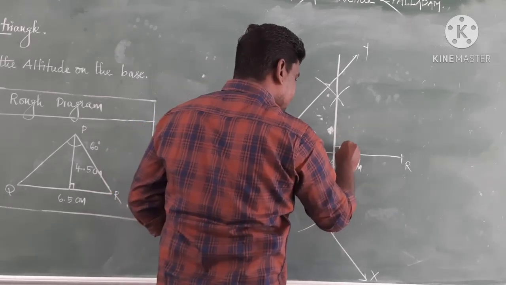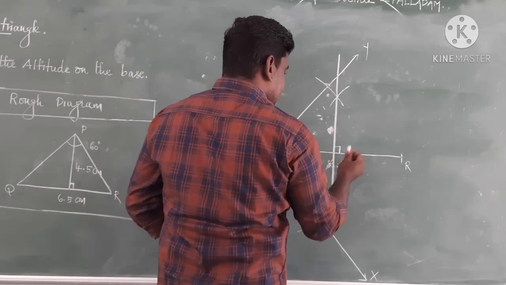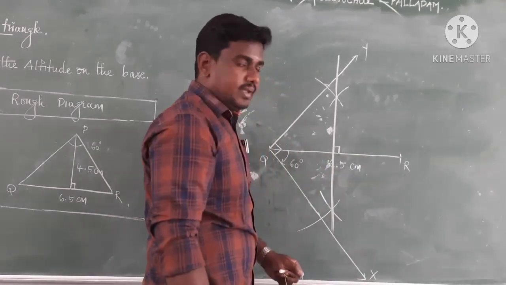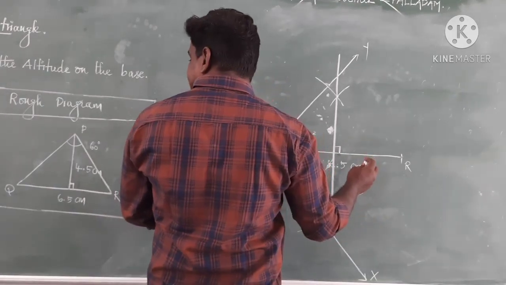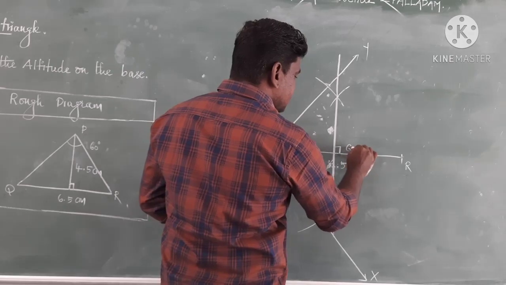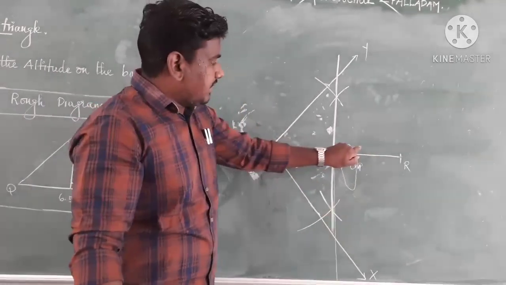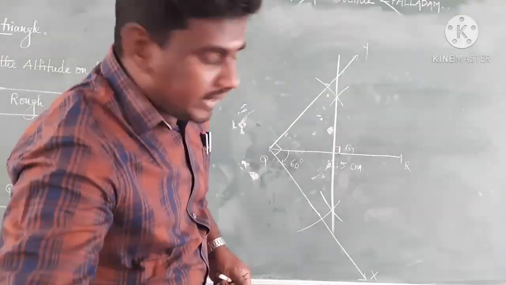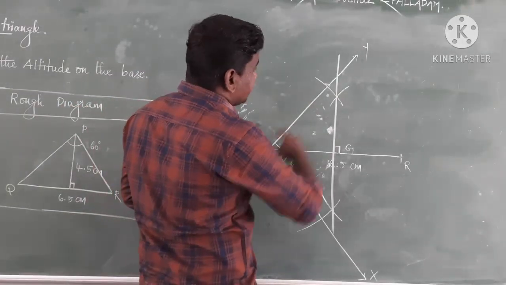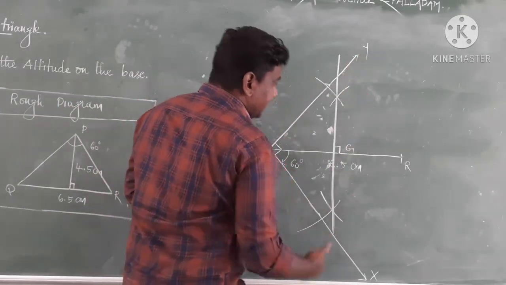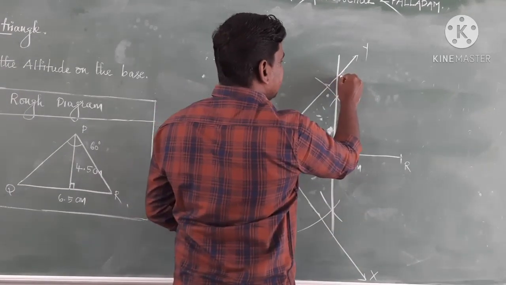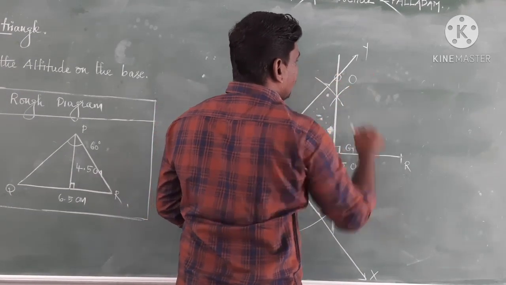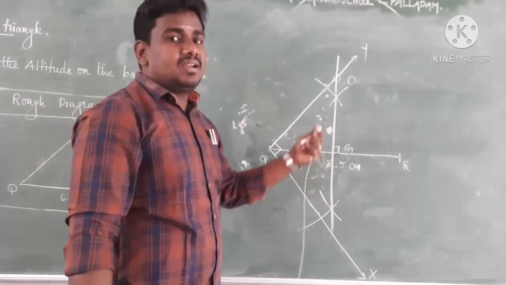This is the perpendicular bisector. We can take it as G. Now the point of intersection of this QY and the perpendicular bisector is O. That means the circumcenter.